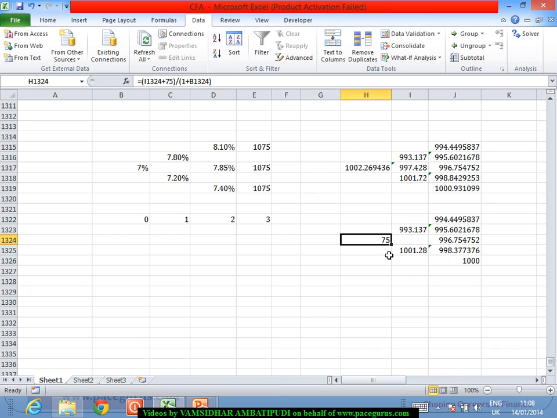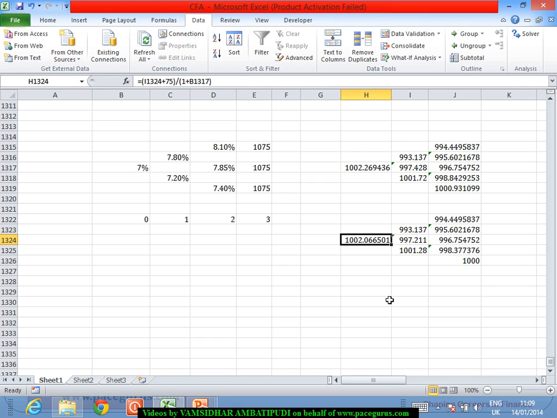Now the same logic when I am taking it from here to here also. First I need to compute the expected value of the two, and even here I'll discount it by 7% to get it to 1002.06. So the callable bond with this kind of feature will be available for 1002.06.